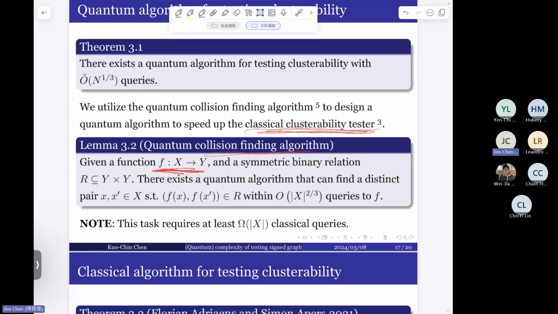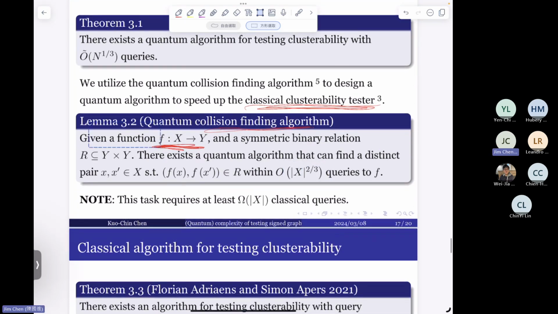Then there exists a quantum algorithm that can find a distinct pair x and x prime such that they share f of x, and this pair satisfies this binary relation, within that many queries.